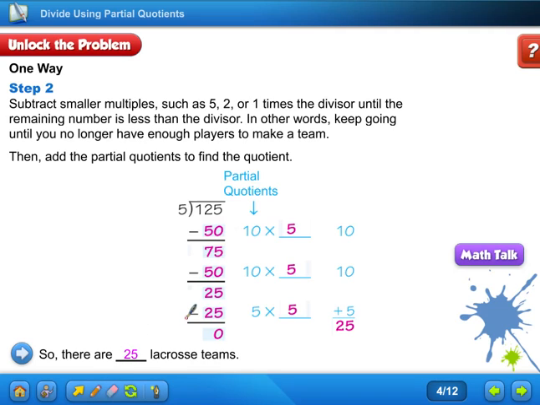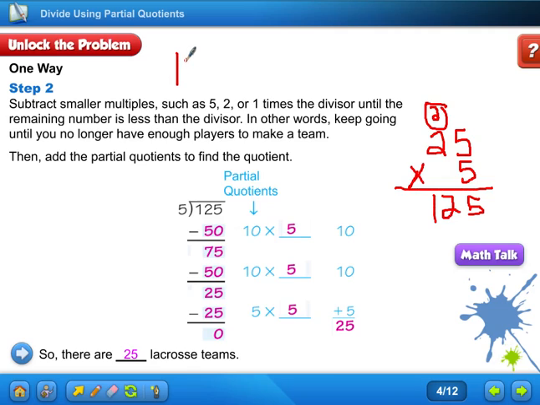And if you wanted to check your work, you could do 25 times 5. 5 times 5 is 25. 5 times 2 is 10, plus 2 more is 12. Does my answer check out?